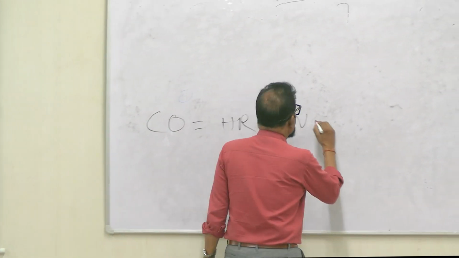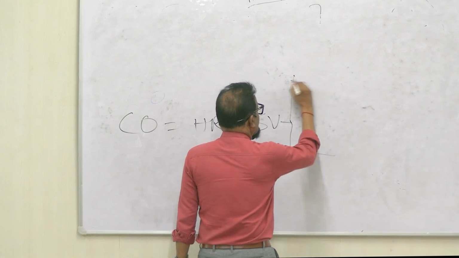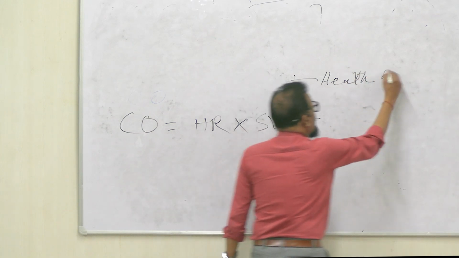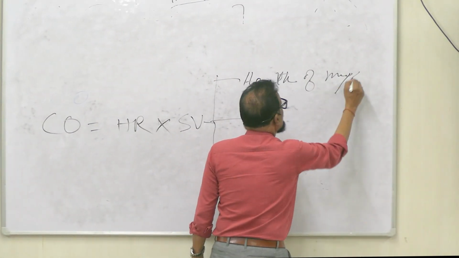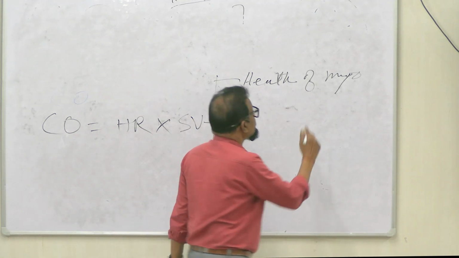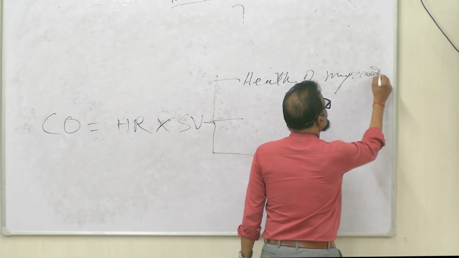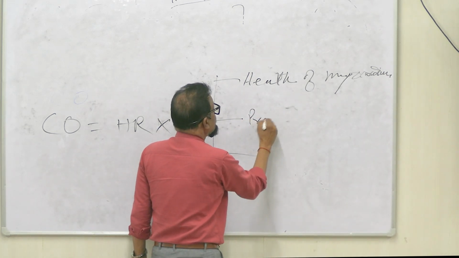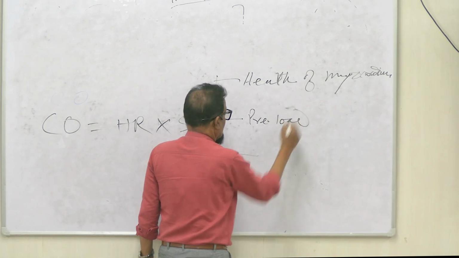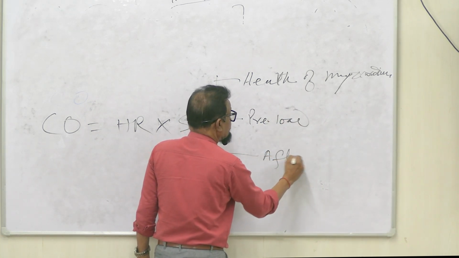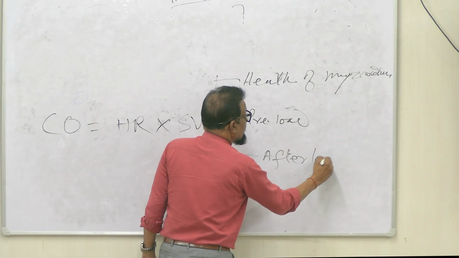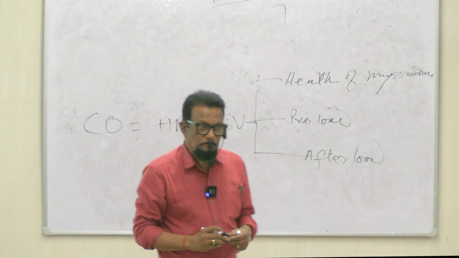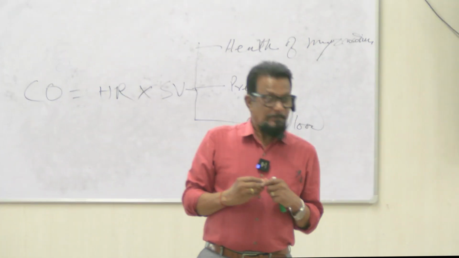Now, the stroke volume depends on 3 factors: the intrinsic health of the myocardium, preload, and afterload. All are involving the heart. What is preload? What is preload and afterload?